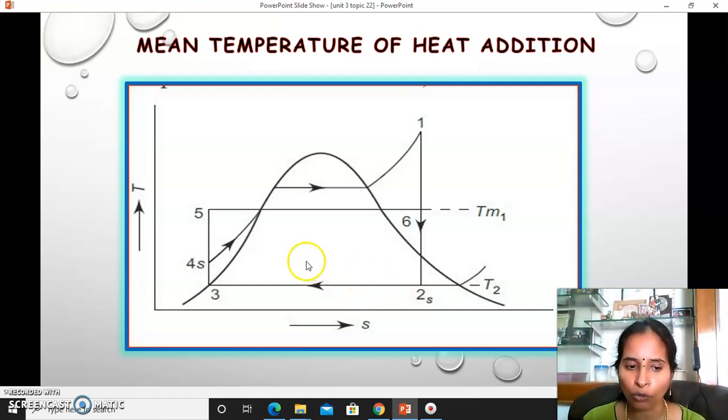So how you can find this mean temperature is, after drawing the TS diagram for the Rankine cycle using superheat, for the practical values or metrics, you draw the Carnot cycle rectangle which is equal to the area of the Rankine cycle, and find the top line of constant temperature heat addition, and that you have as the mean temperature of heat addition.